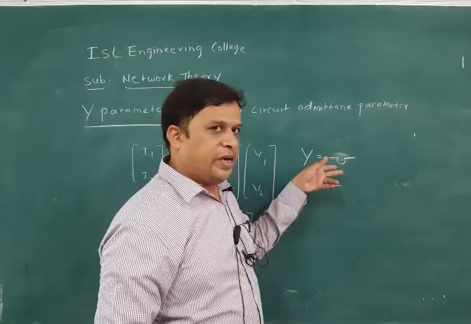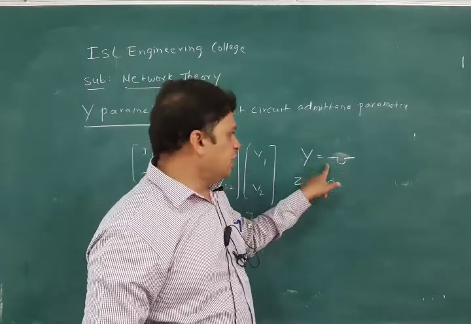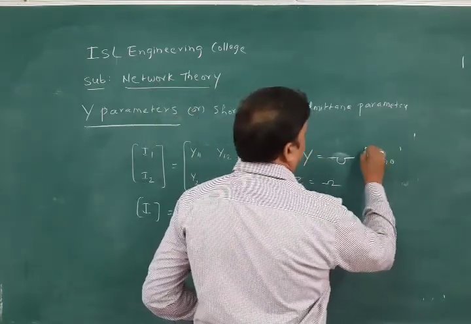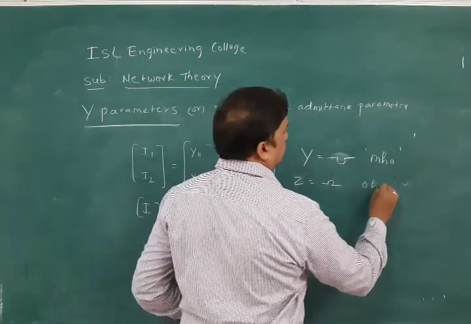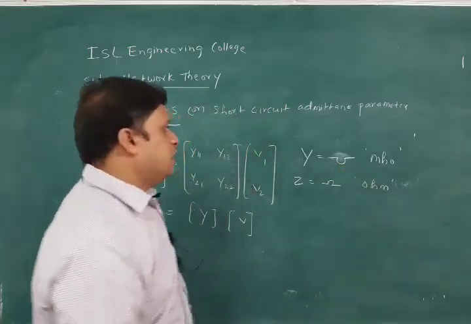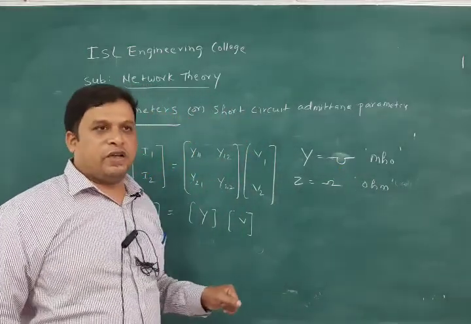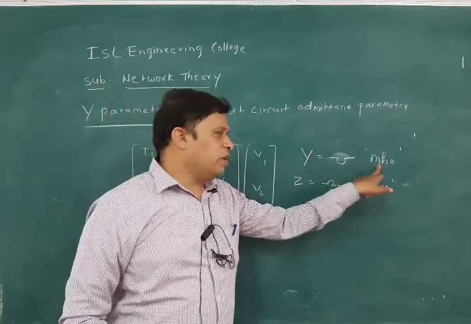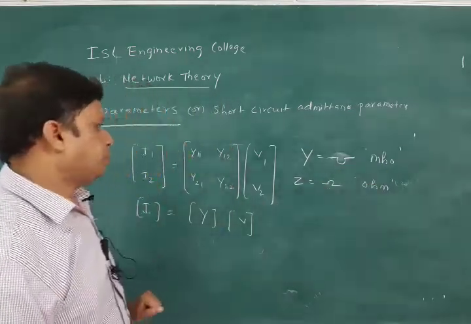If you write the ohm symbol upside down, that is mho. So now it is understood what a Y parameter is, its symbol, and its unit.